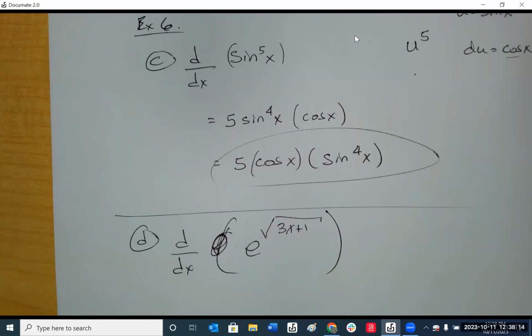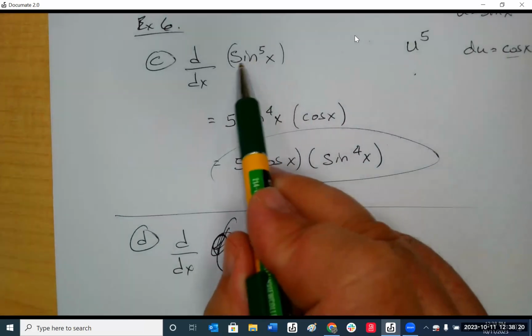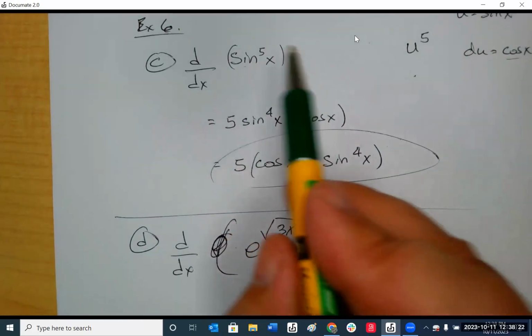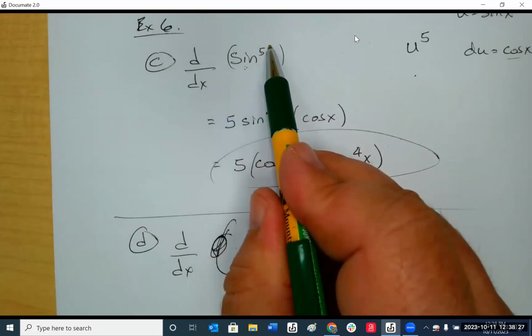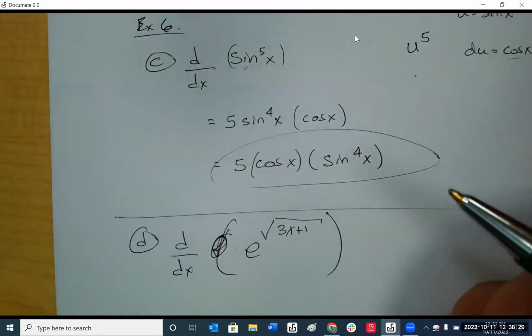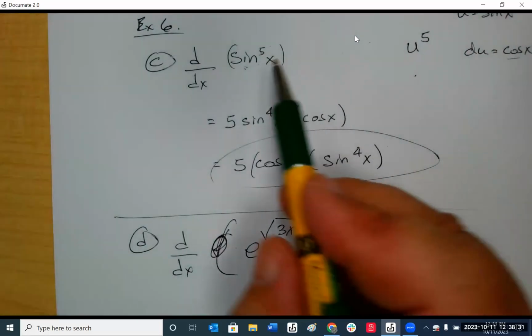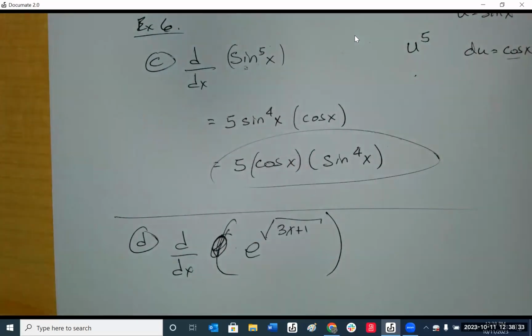Because that's the u. So the derivative of sine to the fifth is 5 sine to the fourth times the derivative of sine, which is cosine.